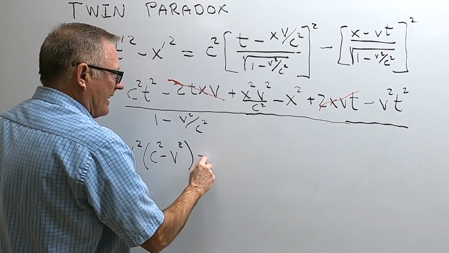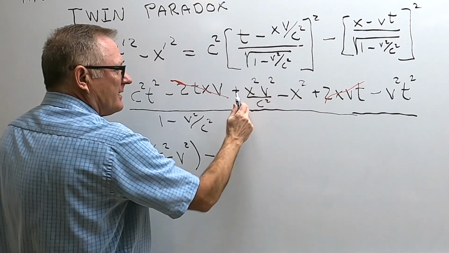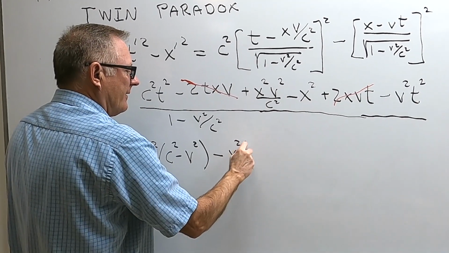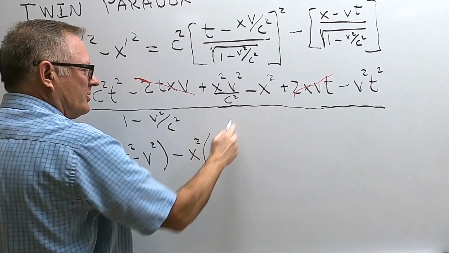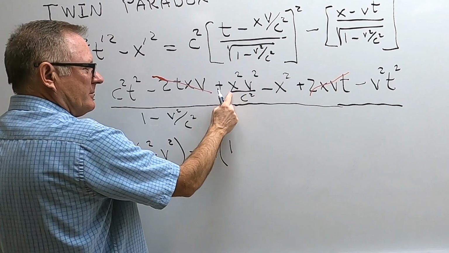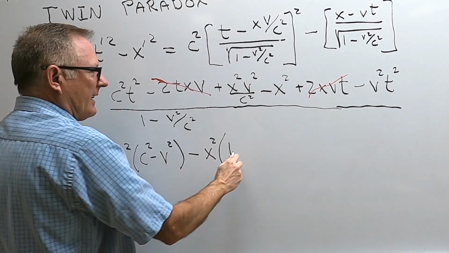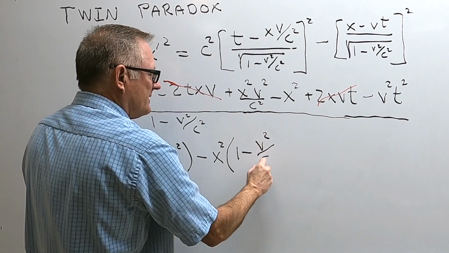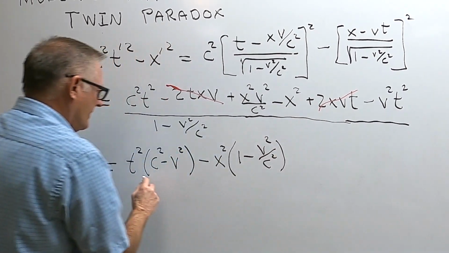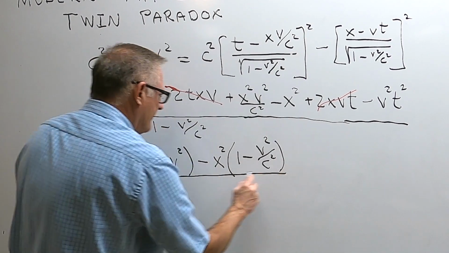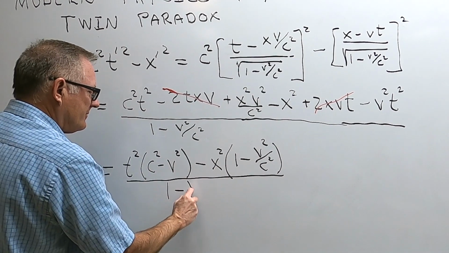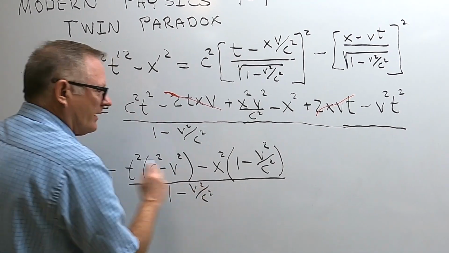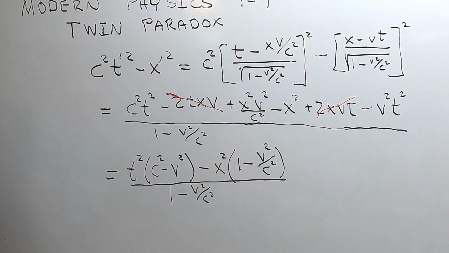I'll factor out the minus x squared from these two terms. So this term is 1. This term is going to be minus, since I'm pulling out the minus, so it's minus v squared over c squared. And then we still have that denominator, which is 1 minus v squared over c squared. Okay, so there's that so far.